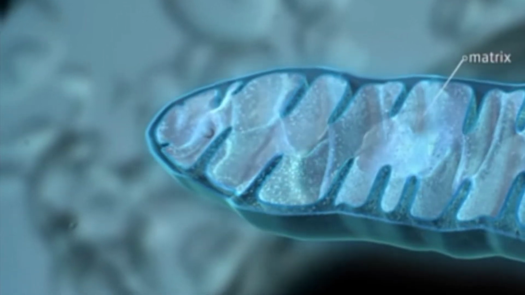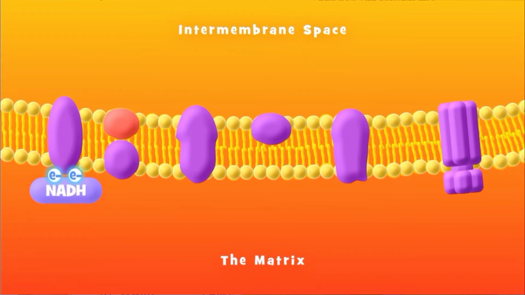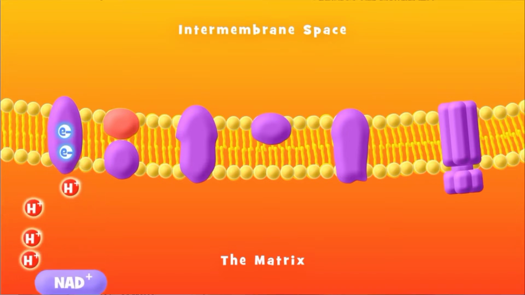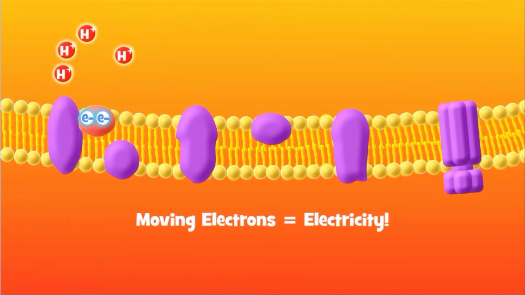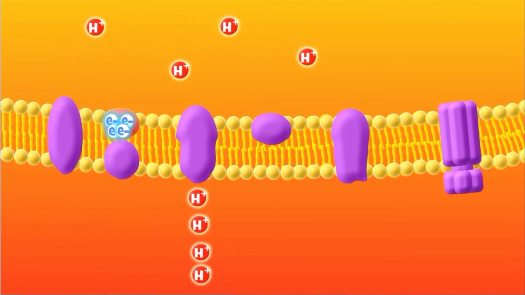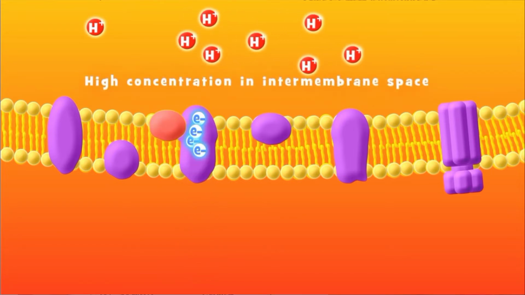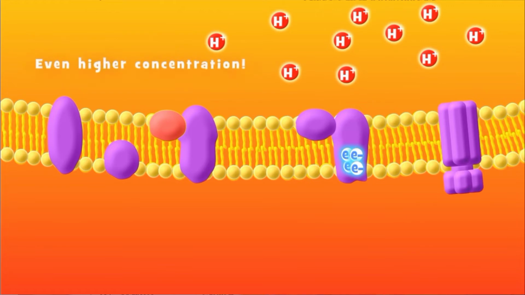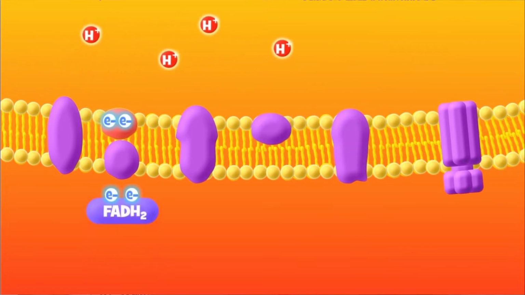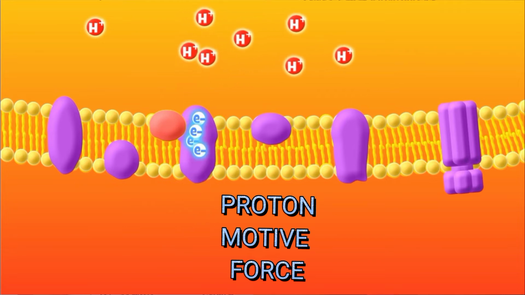In conclusion, we can say hydrogen carriers donate high energy electrons to the electron transport chain located on the inner mitochondrial membrane. As the electrons move through the chain, they lose energy, which is transferred to the electron carriers within the chain. The electron carriers use this energy to pump protons from the matrix into the intermembranous space. The accumulation of protons in the intermembranous space creates an electrochemical gradient, or proton motive force.